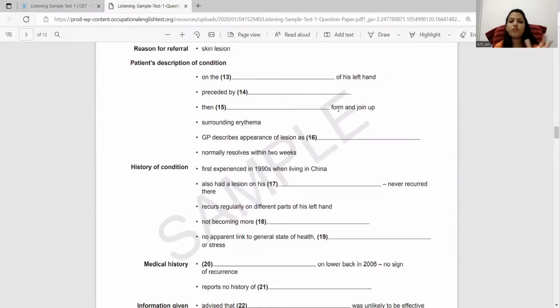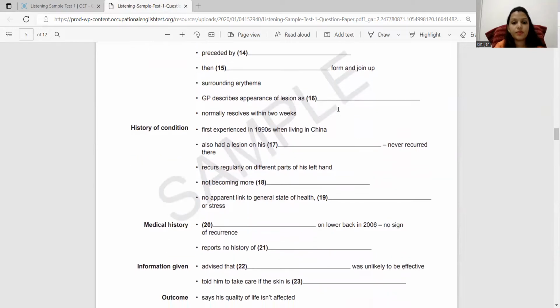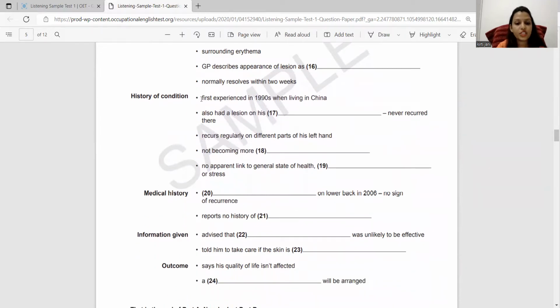Then dash formed and joined up. Something formed, okay, it is the formation of something. So this is asking about a noun. GP describes appearance of lesion as dash. So again it asks about the type of lesion. All right. History of condition, also had a lesion on his dash. On his, again, where exactly? Asking about the location.